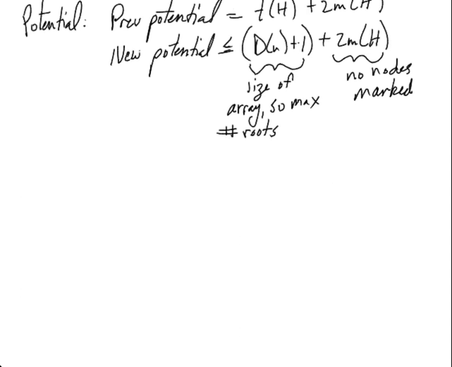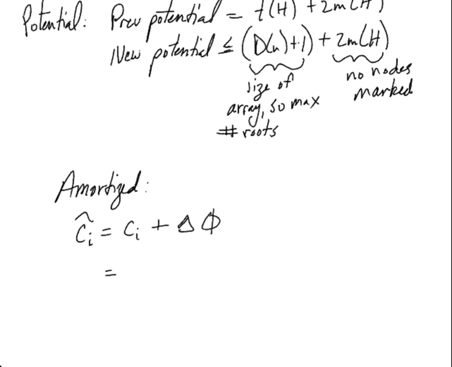So our amortized cost, finally, it's been a long journey, is c hat of i equals c of i plus the change in the potential energy. So our actual cost is order d of n plus t of h.